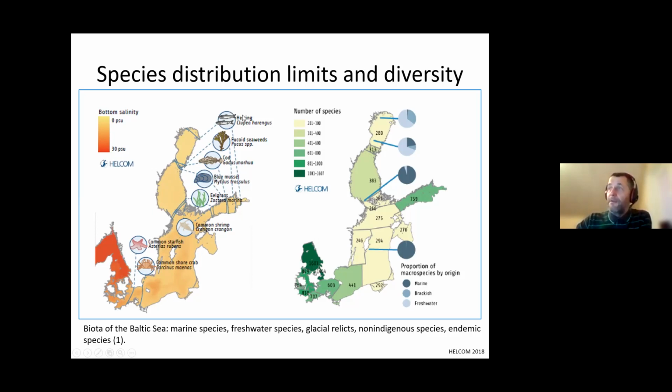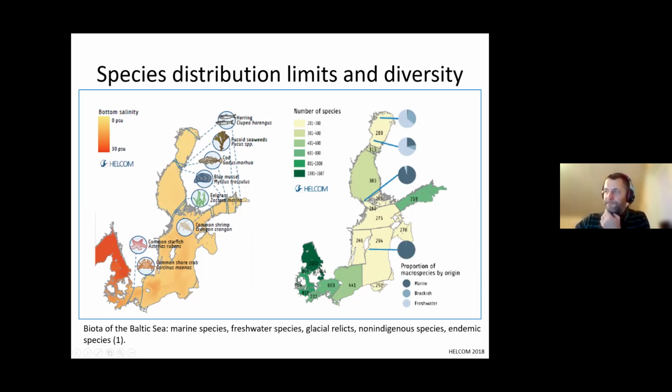And probably as a surprise for you, but not so much for the ecologist, herring, which is a fully and truly marine species, can basically reproduce in totally freshwater conditions, so it has been well adapted to the Baltic Sea brackish conditions, and actually is present everywhere.